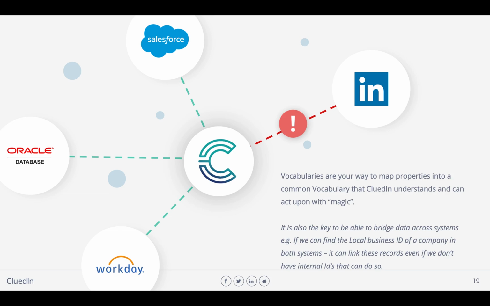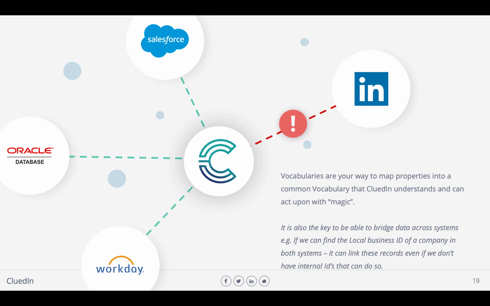We might find that in our CRM system, we have a field for our contacts called job position. Maybe in an Oracle database, it's called job title, and maybe in our HR system, it's called something completely different. Our goal is to normalize and standardize that vocabulary into one common vocabulary.